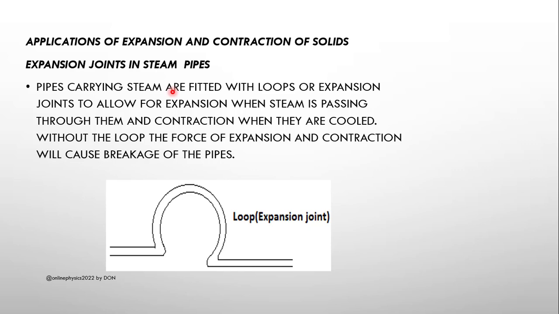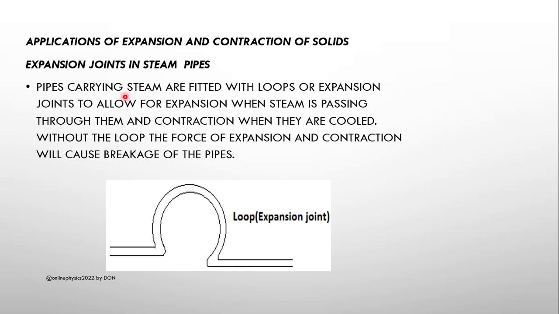Pipes carrying steam are fitted with loops or expansion joints to allow for expansion when steam is passing through them and contraction when they are cooled. Without the loop, the force of expansion and contraction will cause breakage of the pipes. So these loops are here majorly to help in expansion and contraction.